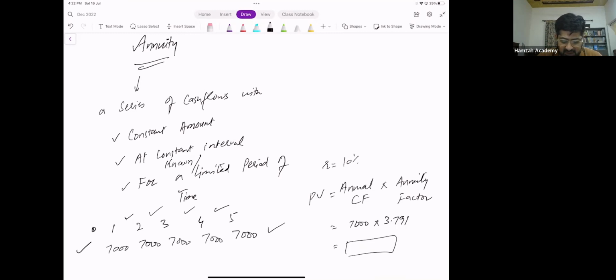This will be the value of all these cash flows. 26,537.